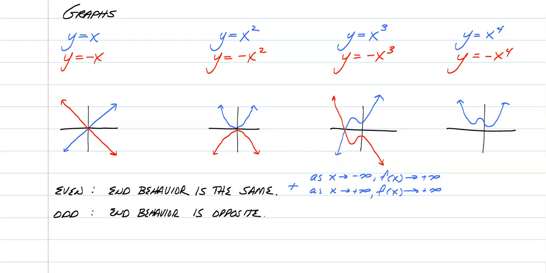So again, with a positive, as x approaches negative infinity, your graph will approach negative infinity. As x approaches positive infinity, your graph will approach positive infinity. So they will follow each other. But if you make it negative, then these are going to switch. Okay? And same with this guy.